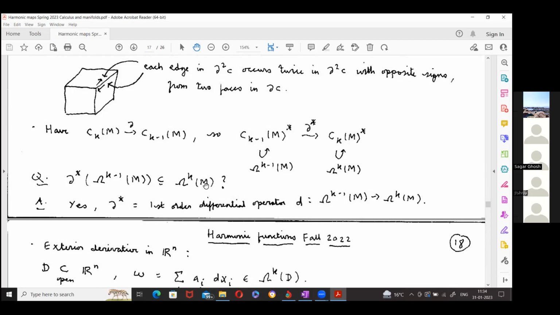Okay, this is a natural question. And the answer turns out to be yes. In fact, the dual of the boundary operator actually turns out to be a first order differential operator, d, called the exterior derivative, which will go from k minus 1 forms to k forms.